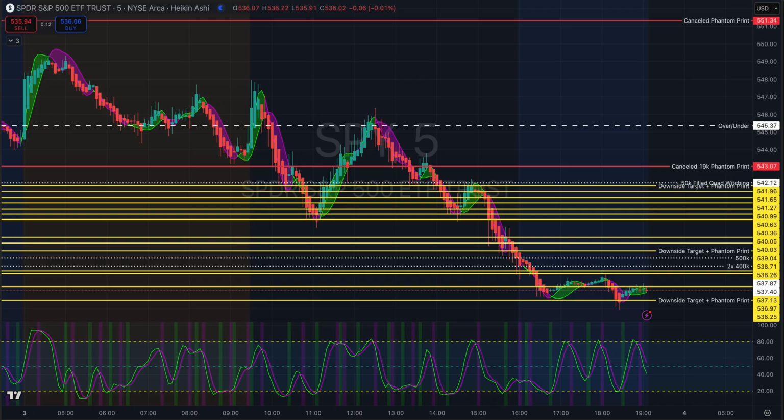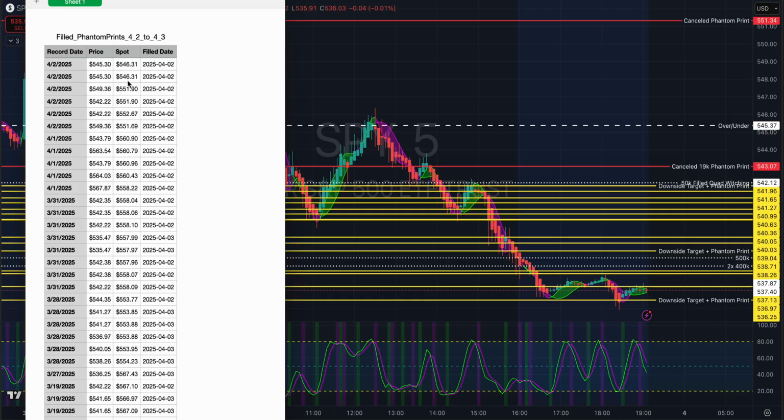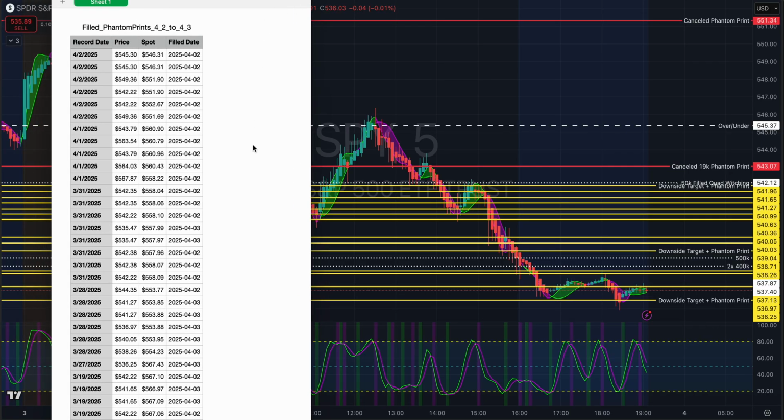I know this day and this market move hurt a lot of people, so we've been trying to stay humble and be compassionate for the people who've lost, but I would like to take this opportunity to show that some of these levels we've been seeing when we were trading higher. So I made a document of just the filled Phantom prints from the past two sessions, and then you can see they were all filled either yesterday or today.